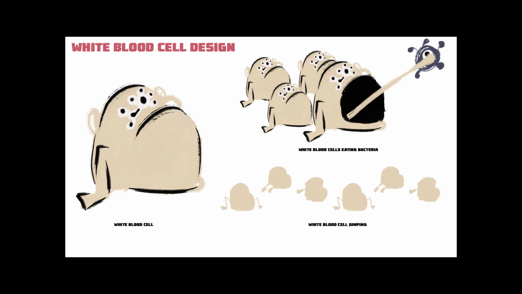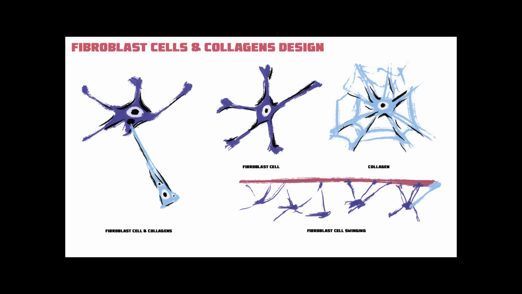For instance, the white blood cells can be kind of greedy, so I gave them the design of a frog or toad, whereas the fibroblast cells or the collagen designs were heavily inspired by spiders and their webs. Because based on my research, fibroblast cells can produce collagen in order to close the wound, which was sealed by fibrin and the blood clots.